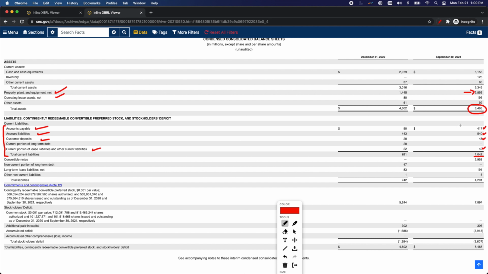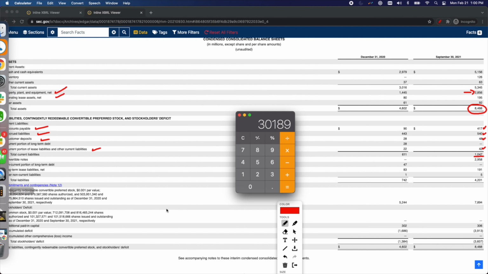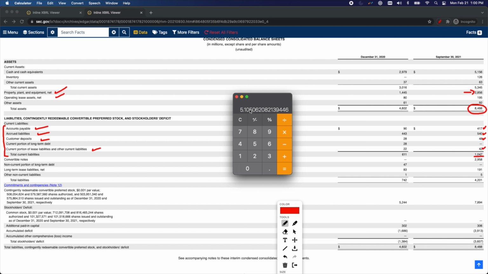And similarly to what we did with Tesla, if we calculate the current ratio, so if we take 5.345 divided by 1.047, we get 5x.